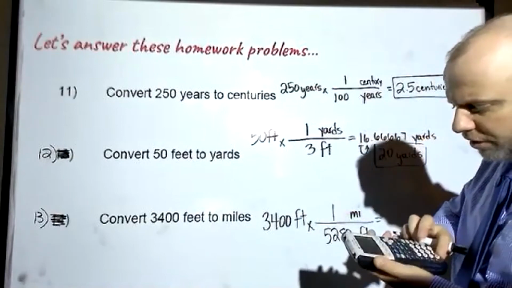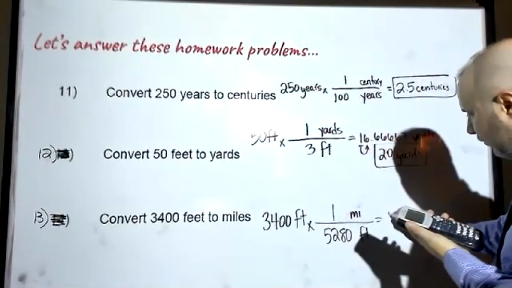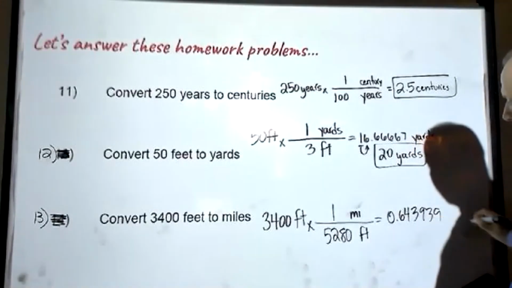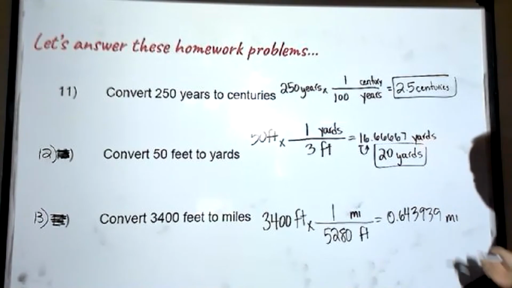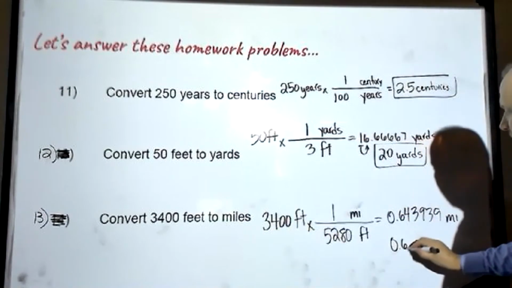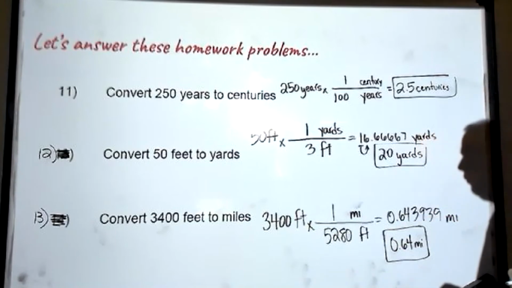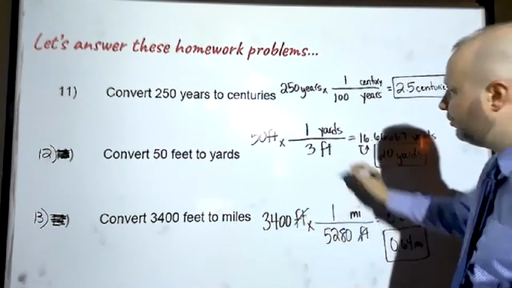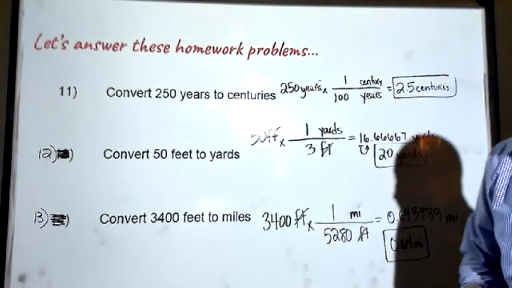So I have 3,400 divided by 5,280. I get 0.643939, and that part repeats. Miles. I'm limited to 2 significant figures here, so this becomes 0.64 miles. Notice, units of feet drop out here, years drop out here.